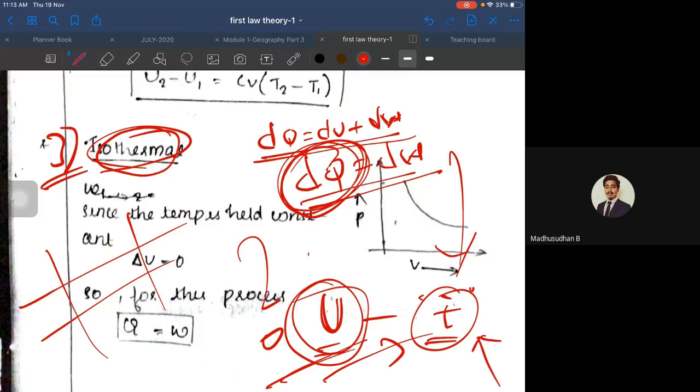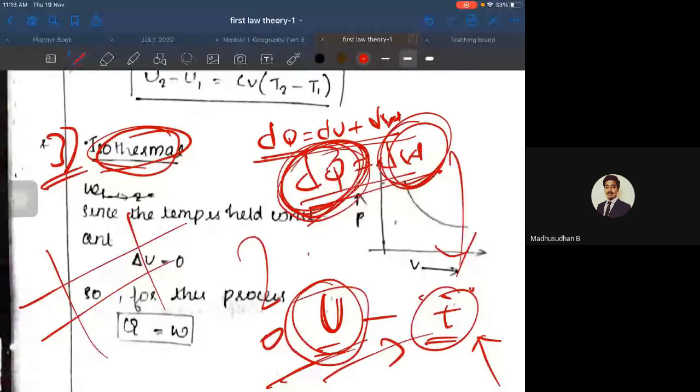That means the expression for calculating the value of W is equal to the expressions for calculating the value of Q in case of the isothermal process. Clear, guys?